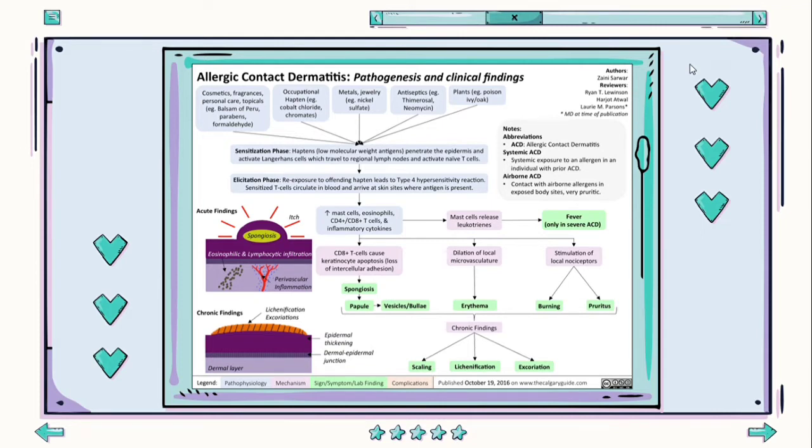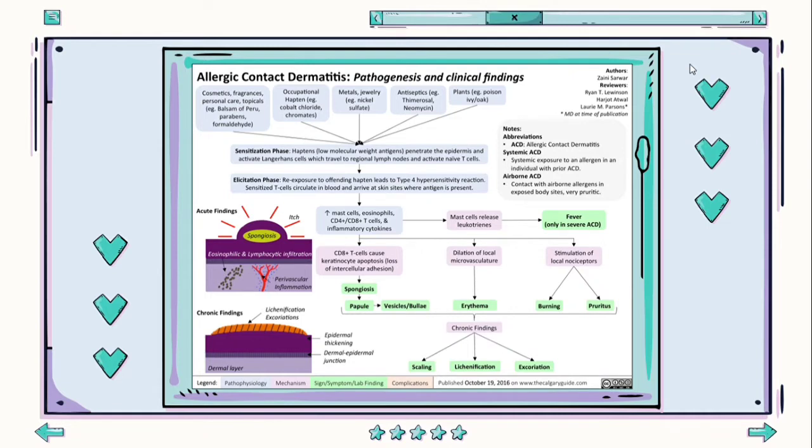Okay, so after that, spongiosis will manifest. Spongiosis is a rounding of keratinocytes and widening of intercellular spaces, resulting in a sponge-like appearance of the epidermis that can lead to formation of small intraepidermal vesicles.